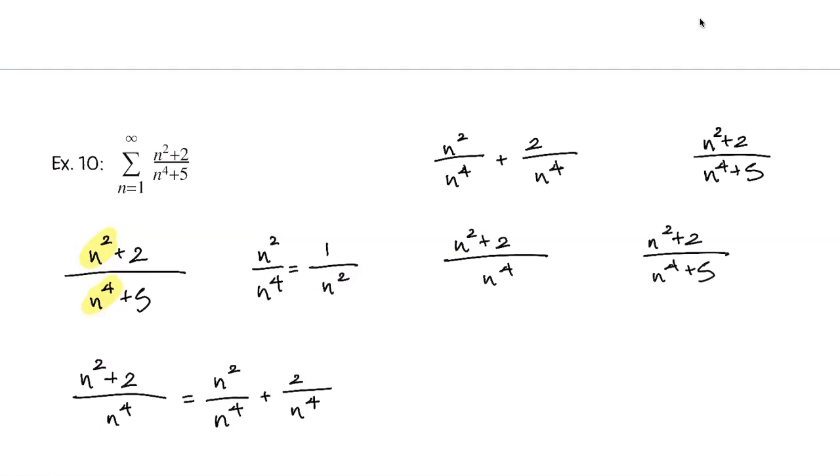Which one of these is bigger and why? The left is bigger because the right is always gonna be 5 bigger on the denominator, which makes it smaller since it's on the denominator. Yeah. So this one that we created is larger than the one that we're comparing it to.